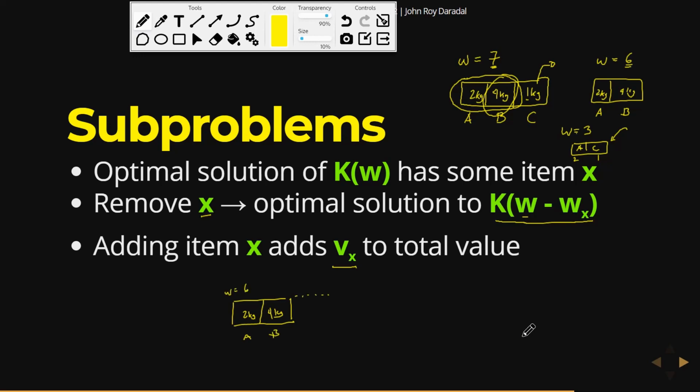Now, if we add back the item X that we removed just now, this will make it the optimal solution for W equal to 7. That adds the value of X to the total value of this one already. Why Vx? Because that is the value of item X, which we just added. If it was not in the solution, this would be the optimal value. Then, if we add the item X, we would add plus Vx here.